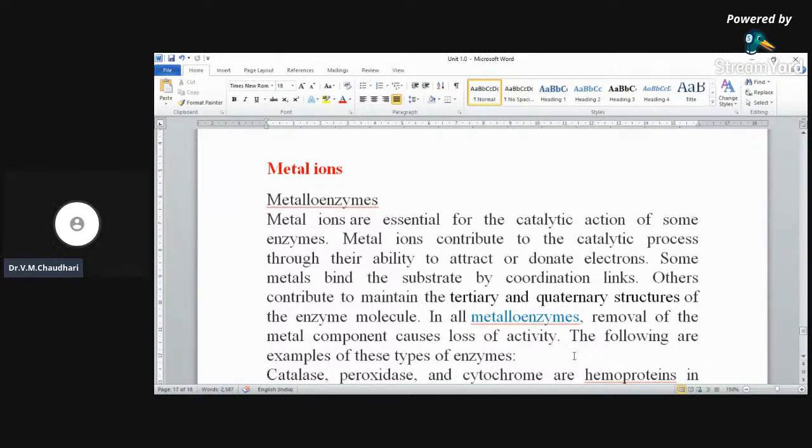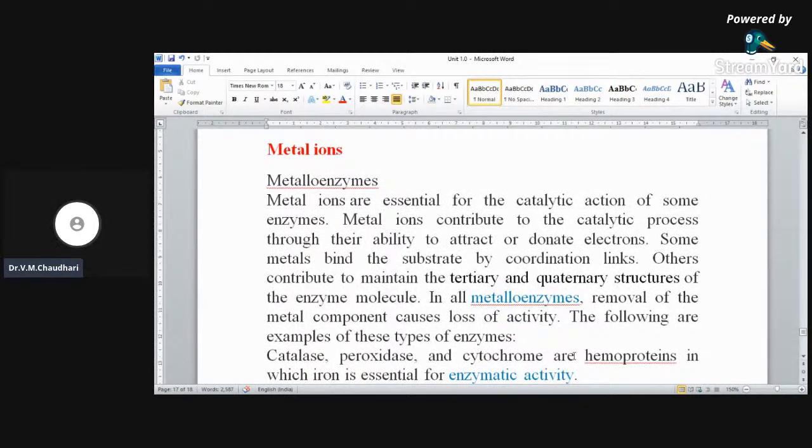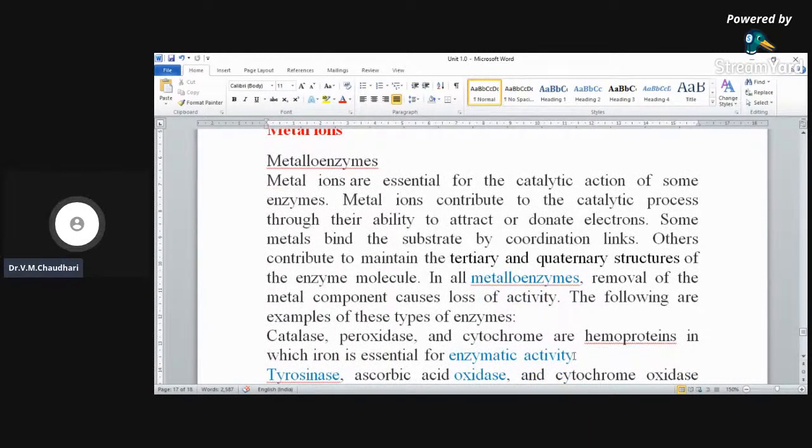Metal ions contribute to the catalytic process through their ability to attract or donate electrons in catabolic or anabolic processes.